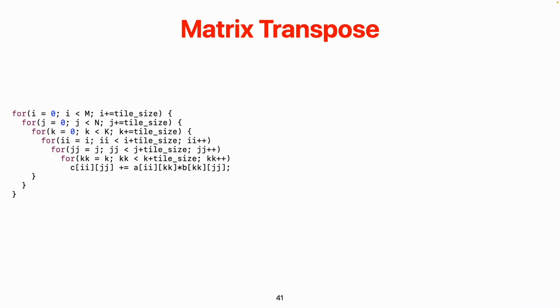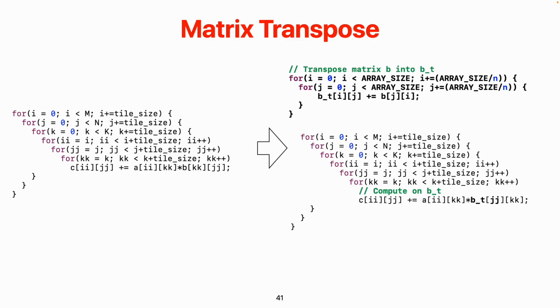Now, another thing that I want to do is matrix transpose. One of the issues we have here with conflict misses is because we are traversing in column order. But we are not going to see conflict misses if we are traversing in row order. To make that happen, what we can do is just transpose the B array in advance.